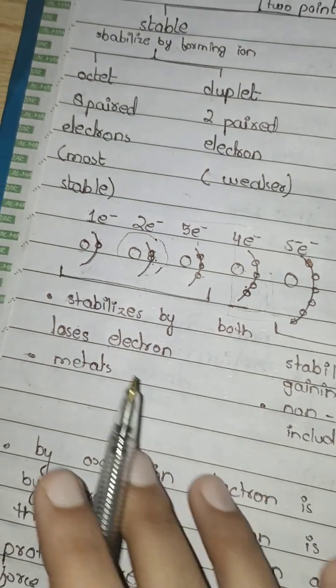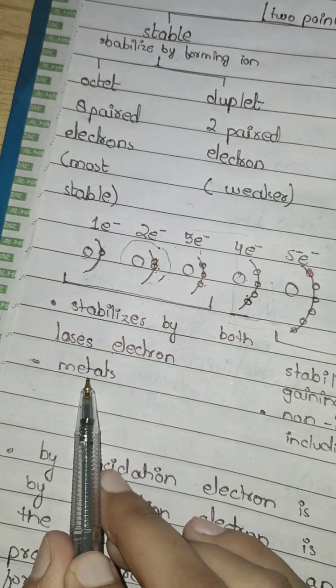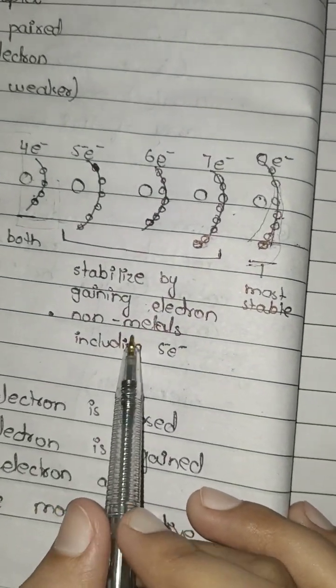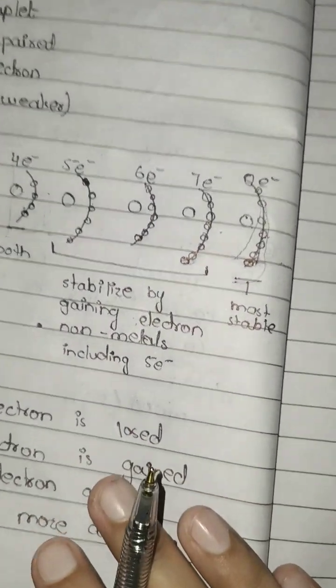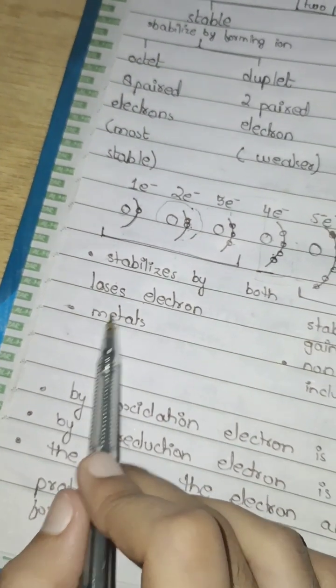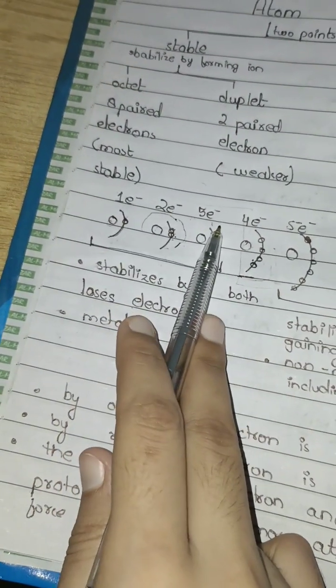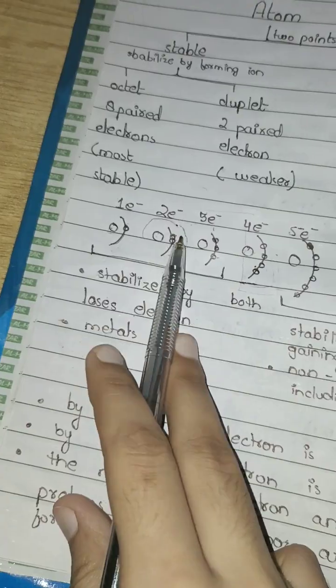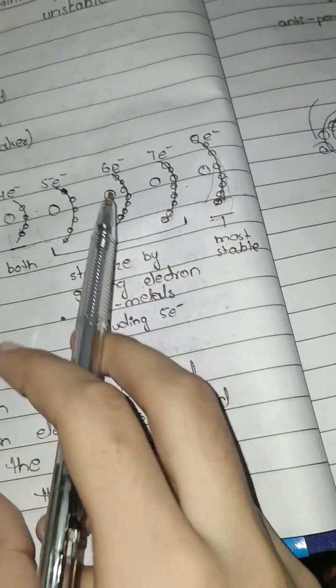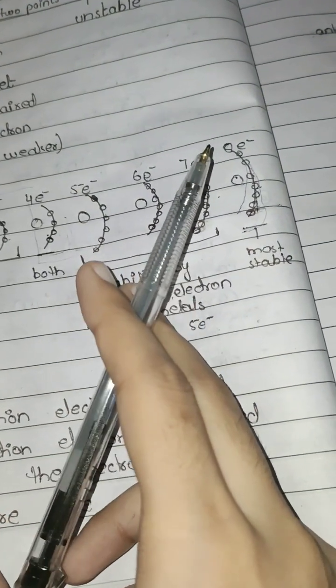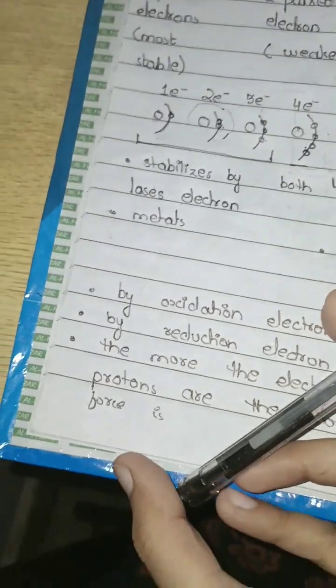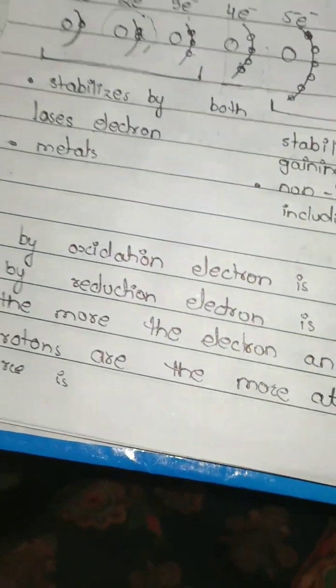Now here's the point of why metals lose electrons and non-metals gain electrons: metals have 1, 2 or 3 electrons in the valence shell, and non-metals have 5, 6, 7 electrons in the valence orbit. That's why they do that.